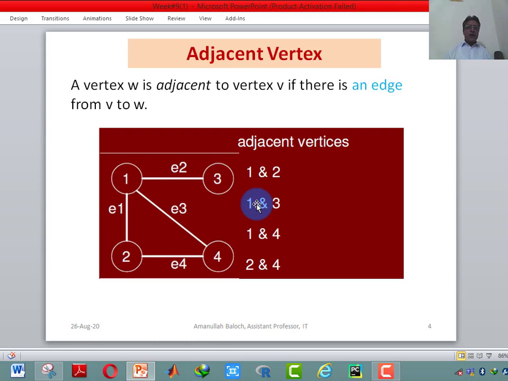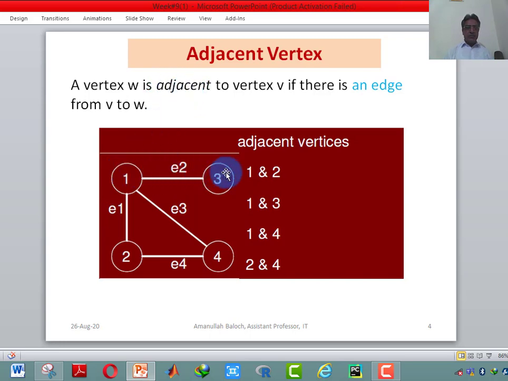Adjacent vertex. We say that W is adjacent to vertex V, where node number 3 is represented with V, if there is an edge from V to W, or W to V. If there is an edge, then it is called adjacent vertex.